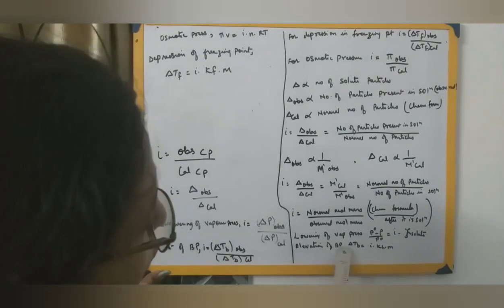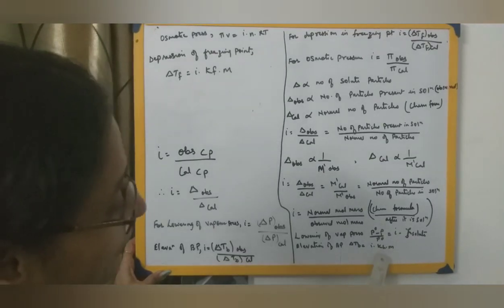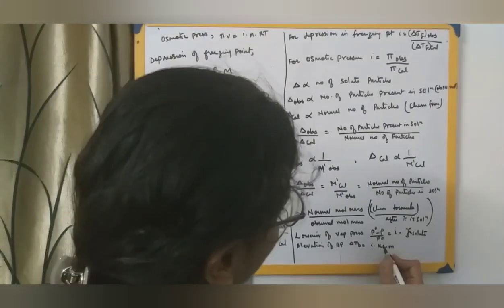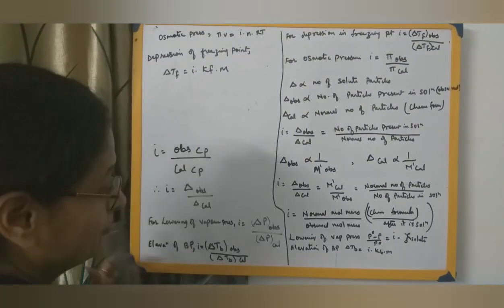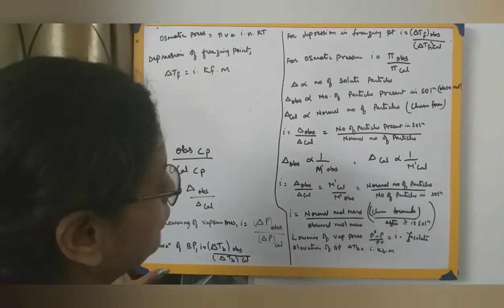Then elevation of boiling point, we also got a relationship that is Kb into m, where Kb is the ebullioscopic constant and m is the molality.